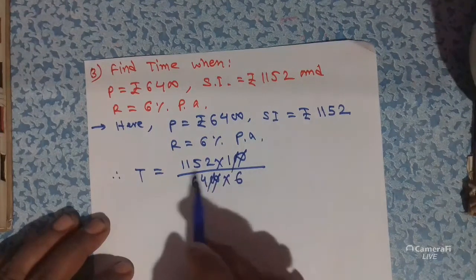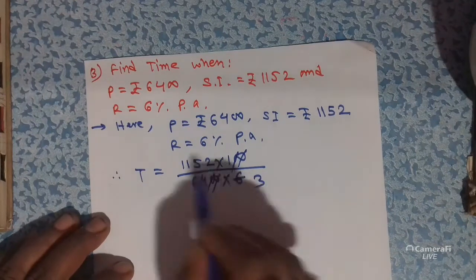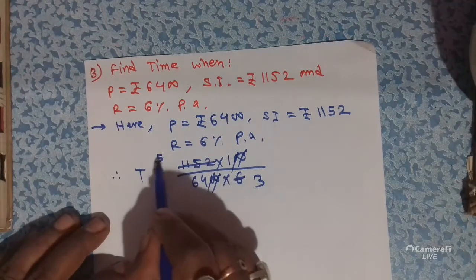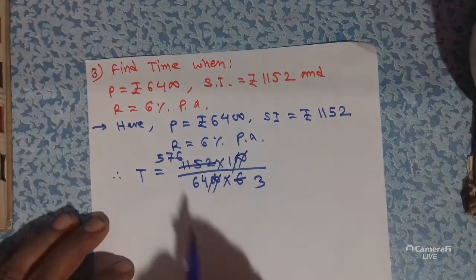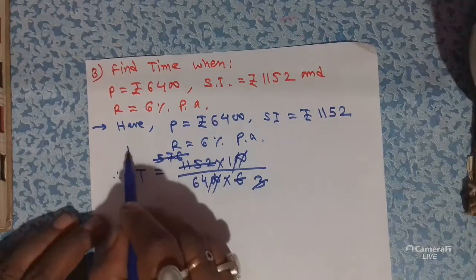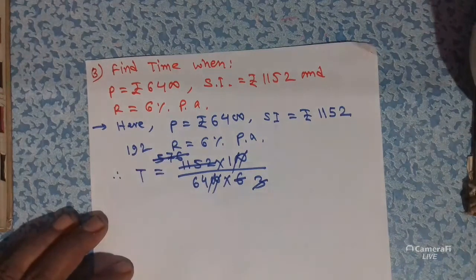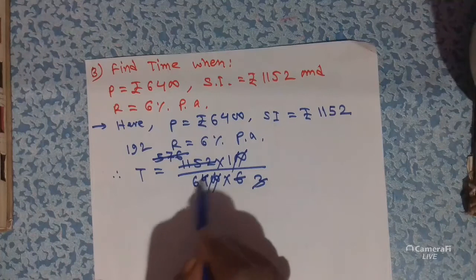So we can divide 1152 and 6 by 2. Again we can divide 576 by 3. Now we can divide 192 and 64 by 3 by 64.